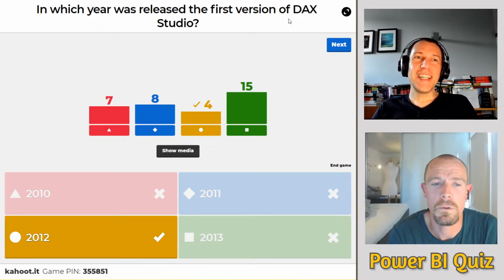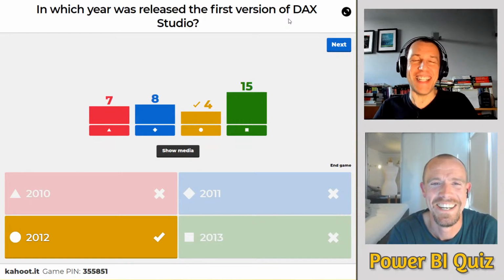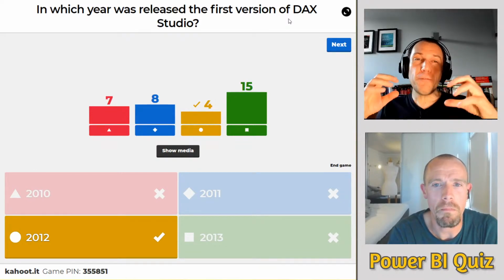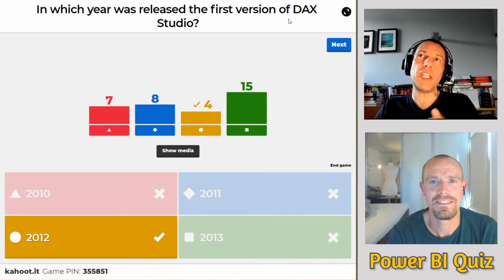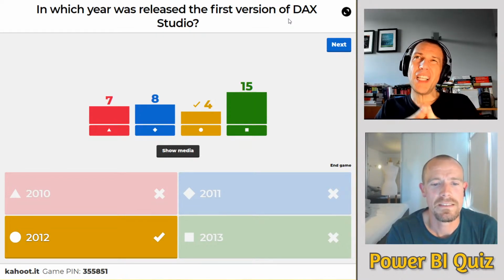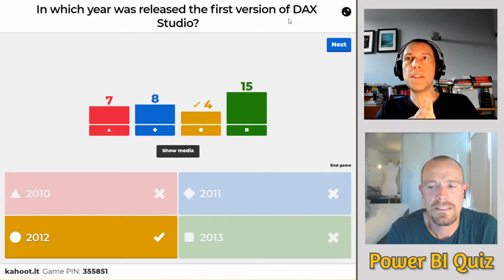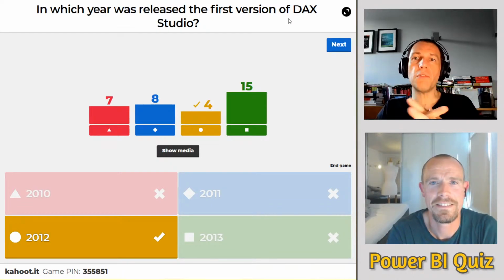The right answer is 2012. I told you, don't use Google. The very first version of DAX Studio was in 2012. In 2010, we had the first release of Power Pivot. And at the end of 2011, the first beta version of Analysis Services, which was part of SQL Server 2012.